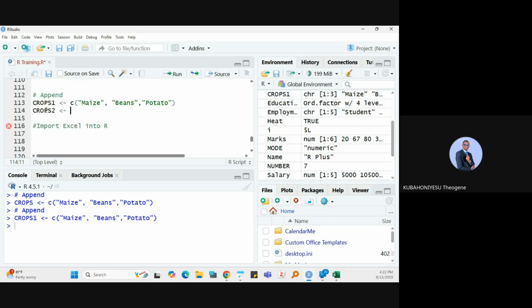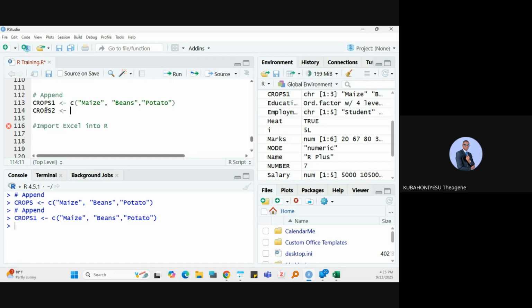Agricultural products, maize, the potato, and so on. Soybeans.